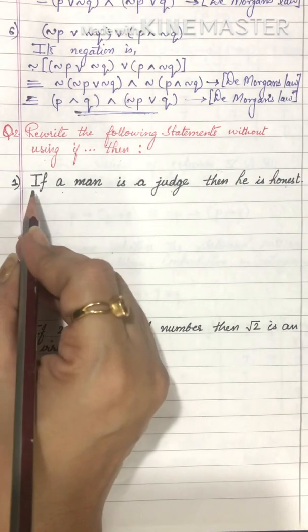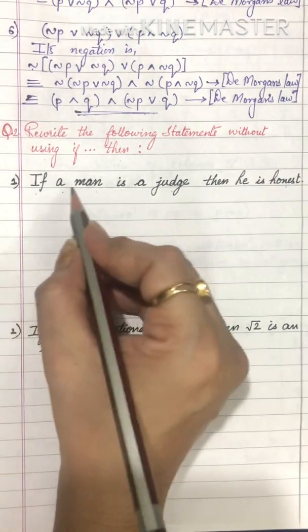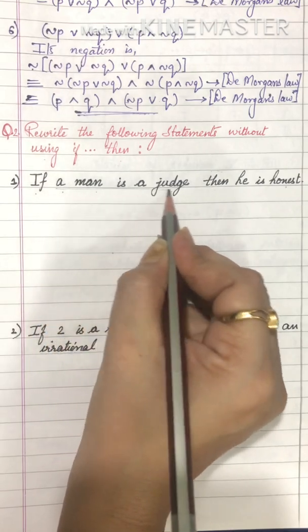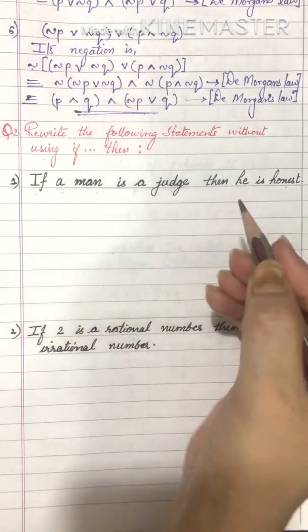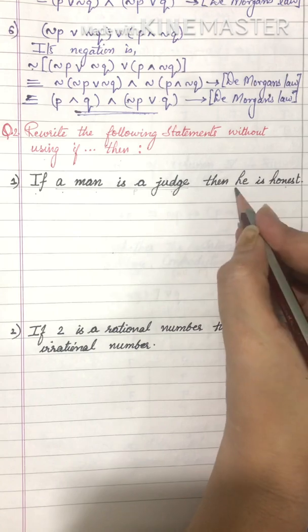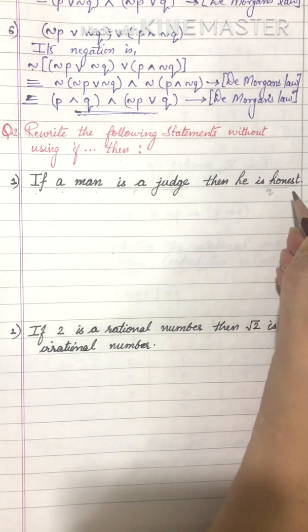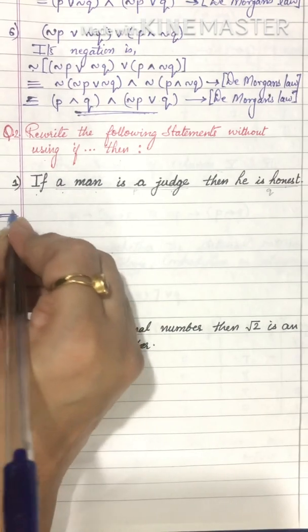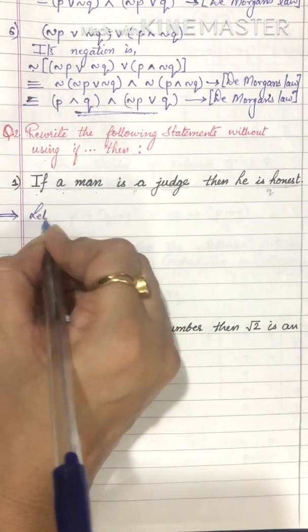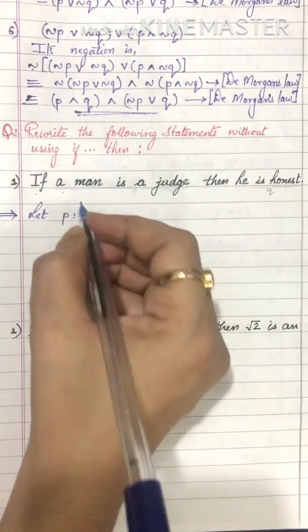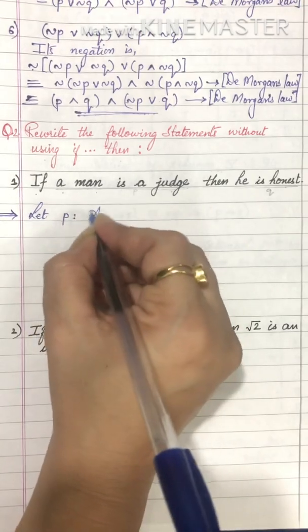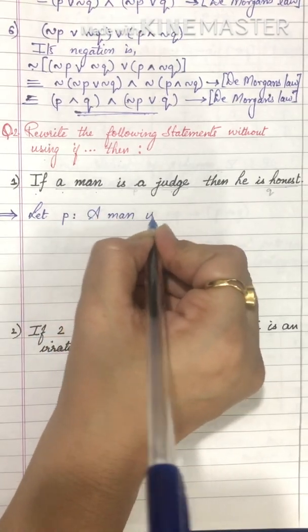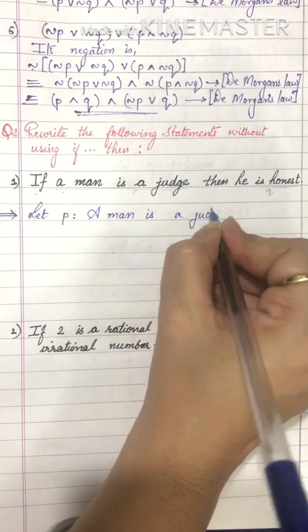So here whatever is written after if, a man is a judge, this can be taken as the first statement, and whatever is written after then will become your second statement. Okay, so how do we declare this? While writing the answer, we will say let P be the statement a man is a judge.